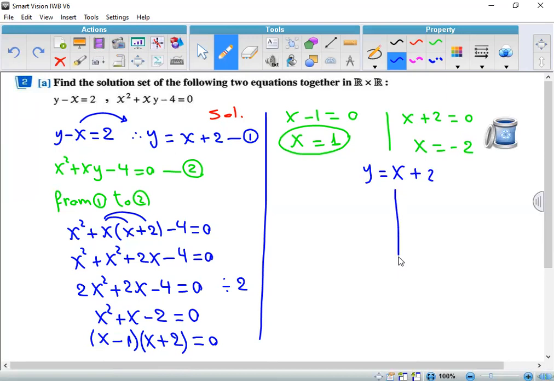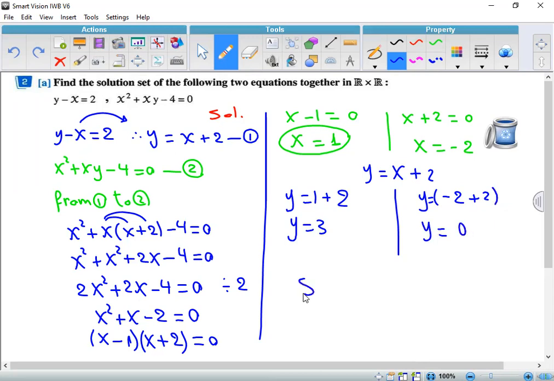If x equals 1, then y equals 1 plus 2, y equals 3. Also here, if x equals negative 2, we say y equals negative 2 plus 2, y equals 0.